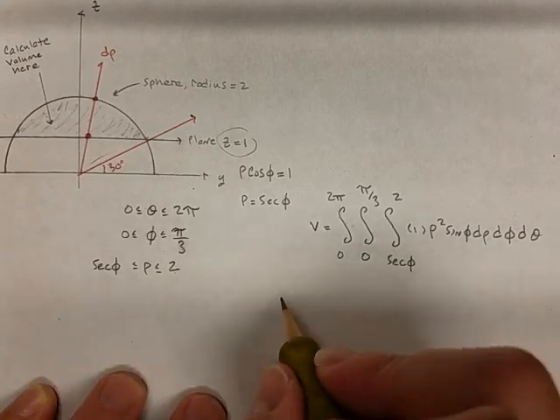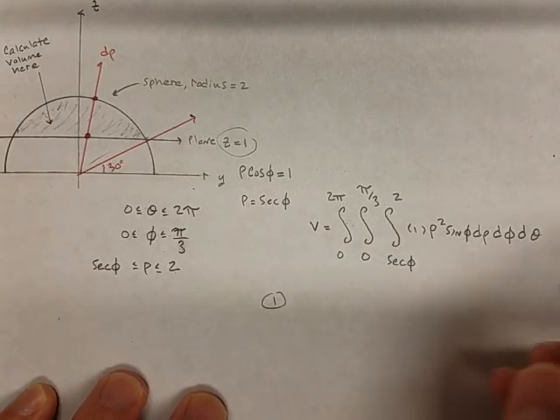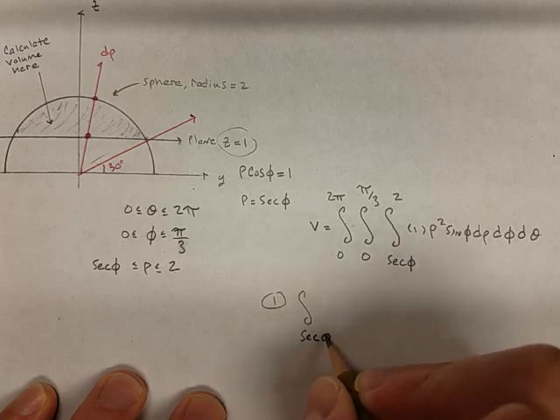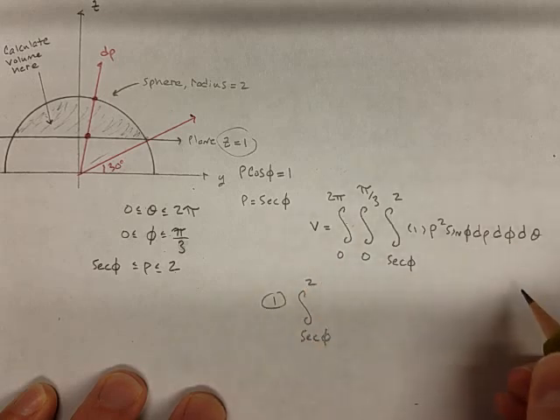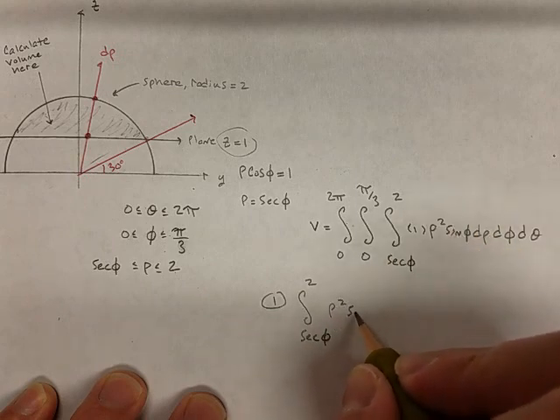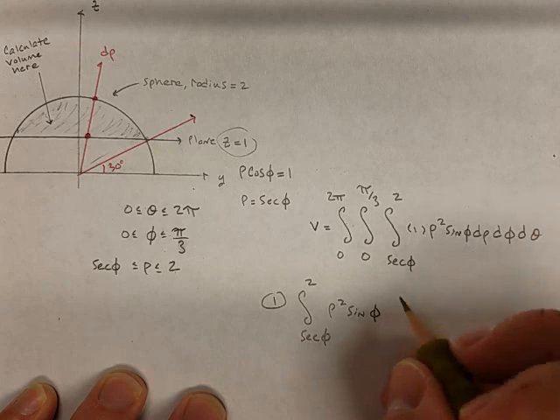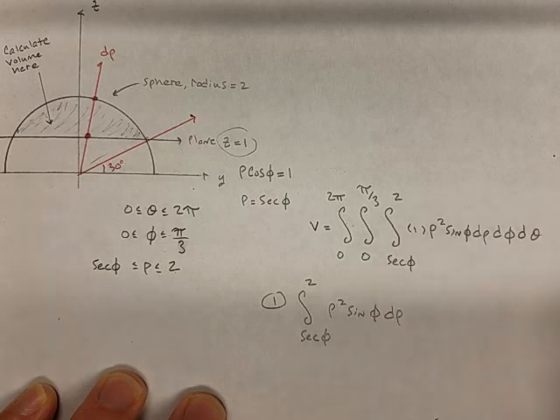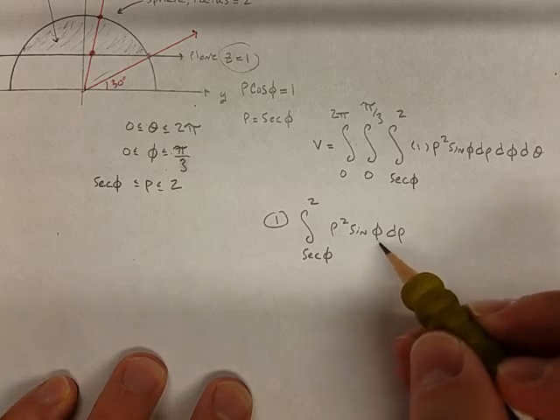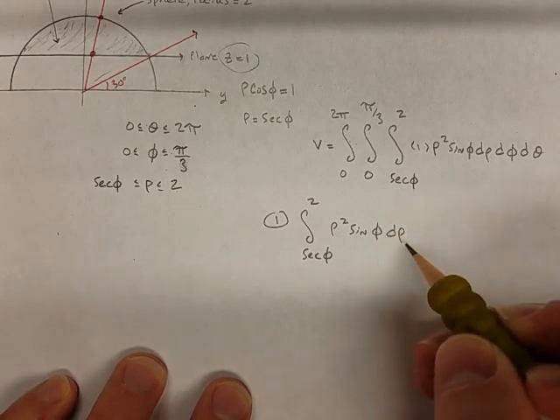Okay, so let's do this one integration at a time. I go from secant phi to 2 of rho squared sine phi, and that's with respect to rho. How would we handle that? Well, phi would be a constant. Everything except rho is a constant here.